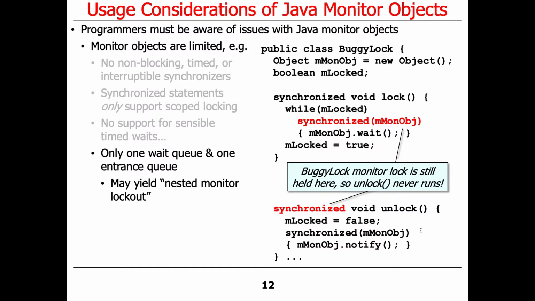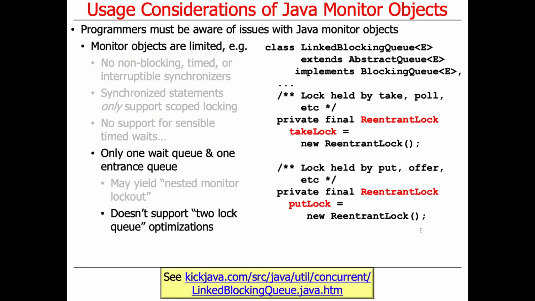Then inside of this, we try to synchronize on a nested object, a nested monitor, but we're still holding the outer lock, because when we synchronize on the inner one, the outer one's not released. So if someone comes along and tries to call another method, it can't get in to access its intrinsic lock because it's locked here.